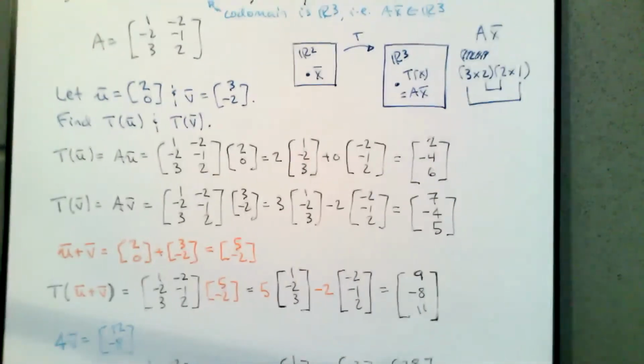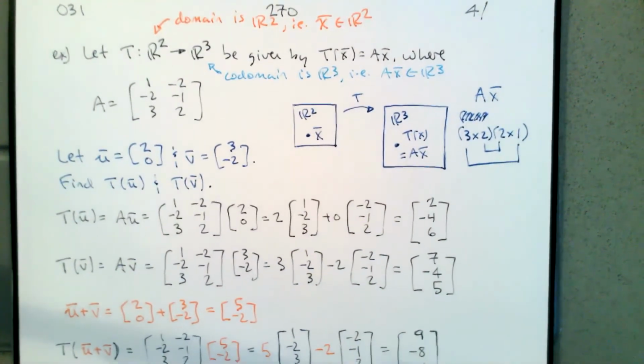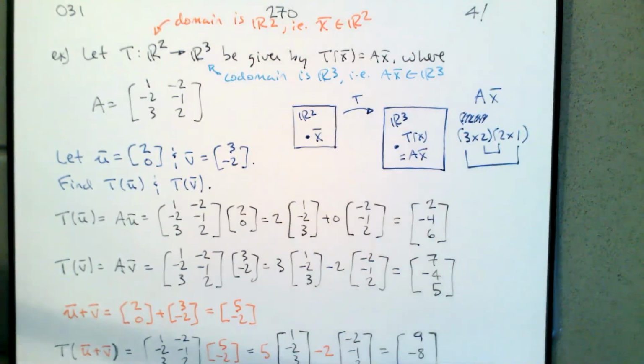So here's the example from Canvas. T is going to map R2 to R3, and it's going to be given by multiplication by the matrix A, a 3 by 2 matrix. So if I take something from the domain, some vector in R2, and multiply it by a 3 by 2 matrix, I'll end up with a 3 by 1 vector.